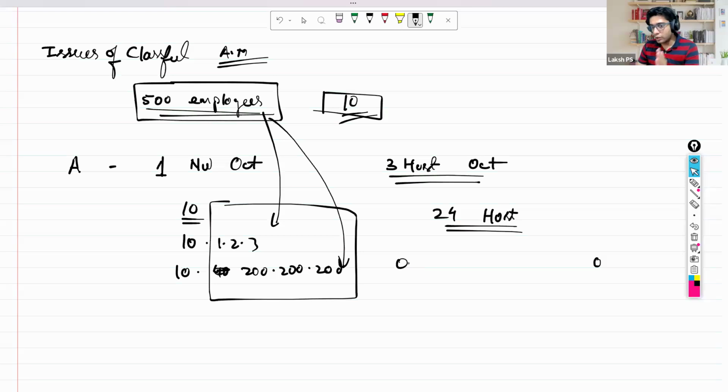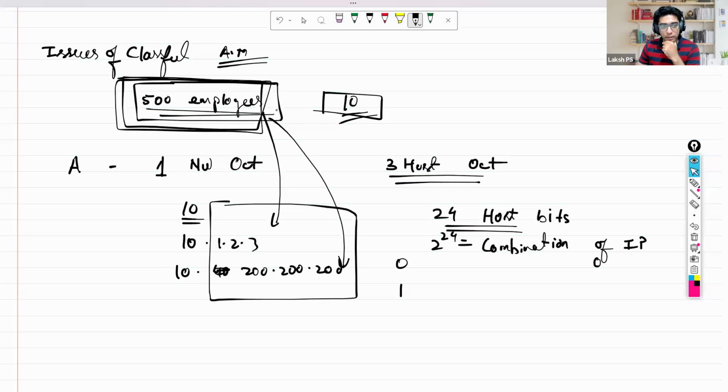One bit is either one or zero. So if you have 24 host bits, you can have 2 power 24 combinations of IP addresses, which is far, far beyond what the customer asked for.